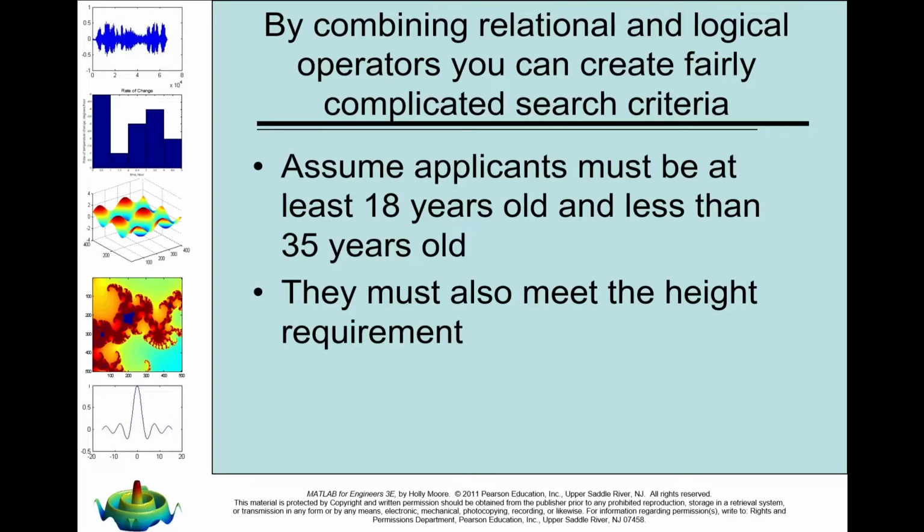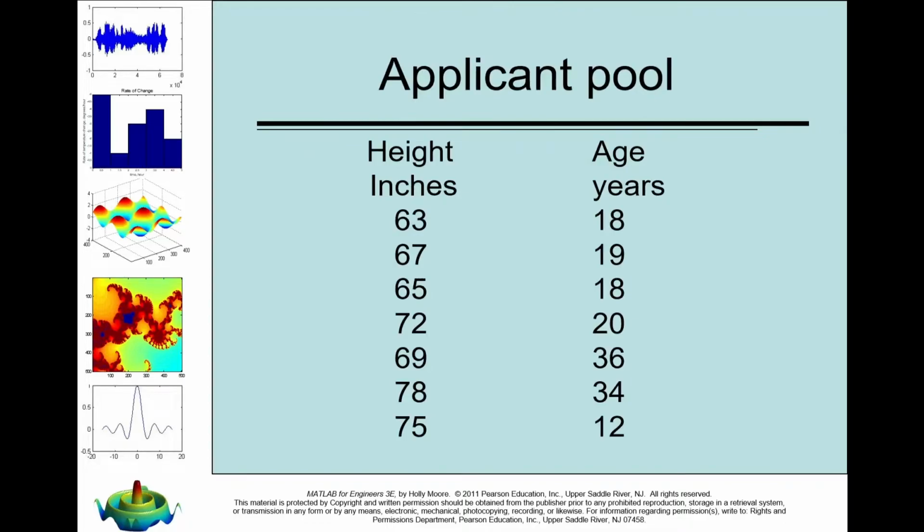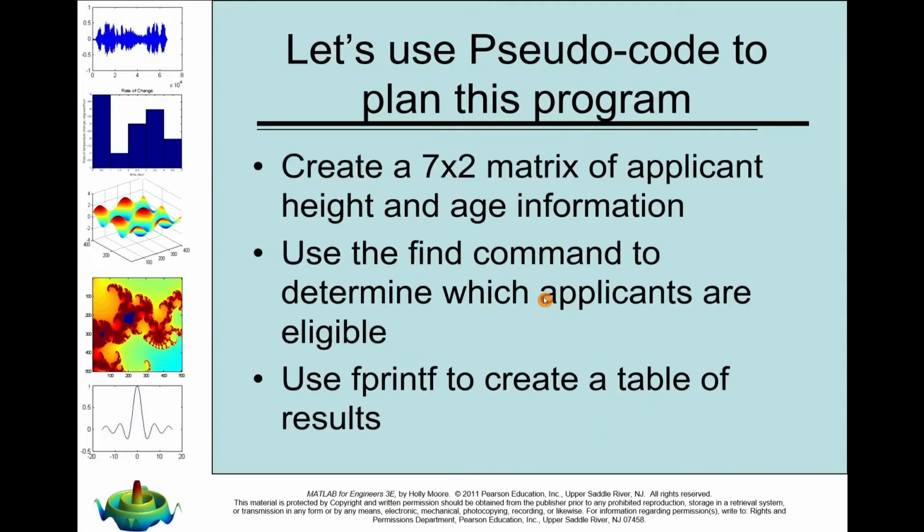The criteria is the applicants must be at least 18 years old and less than 35 years old. On top of that, the applicants also must meet the height requirement, which is the previous requirement, greater than or equal to 66 inches. So here are the data of height and age of each applicant.